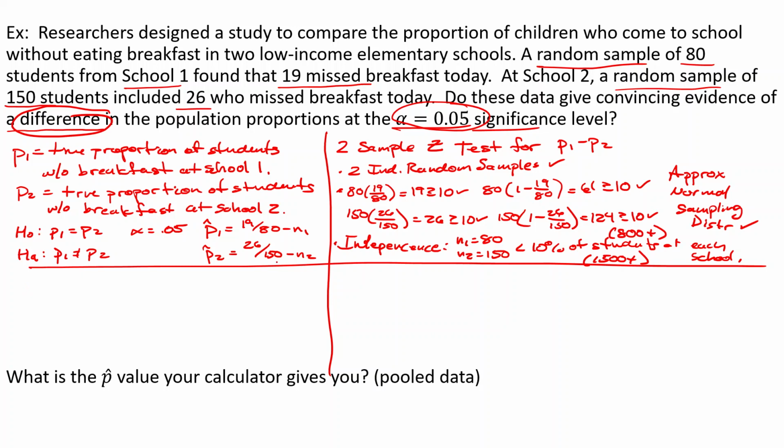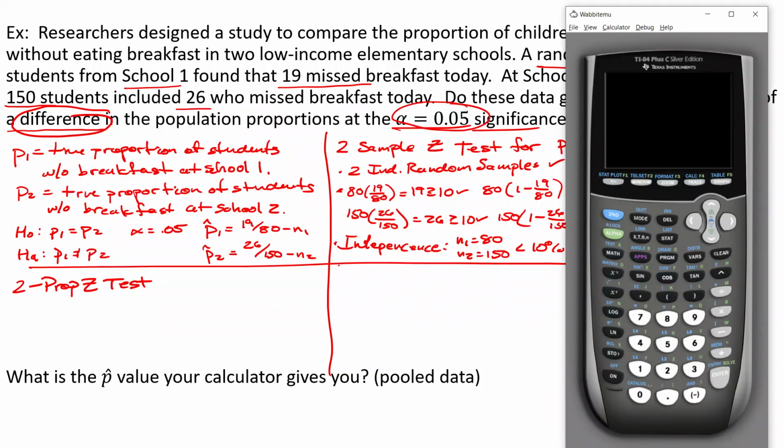All right, or sampling without replacement, which we are also doing, but that's fine. We're just going to write that. All right, and we're going to do a 2-prop Z test. We're back to doing a test now, not a confidence interval, although we could do this with a confidence interval just as easily if we wanted to.